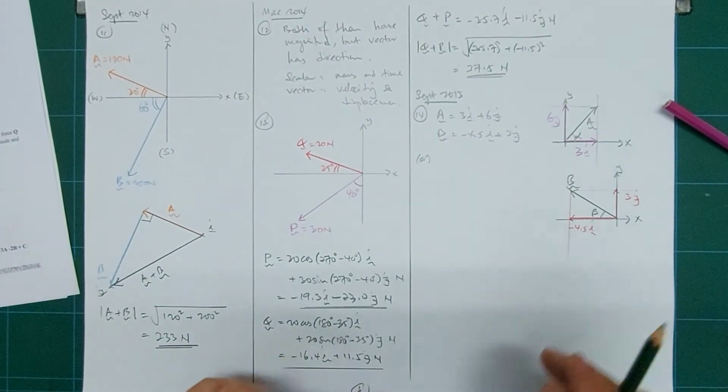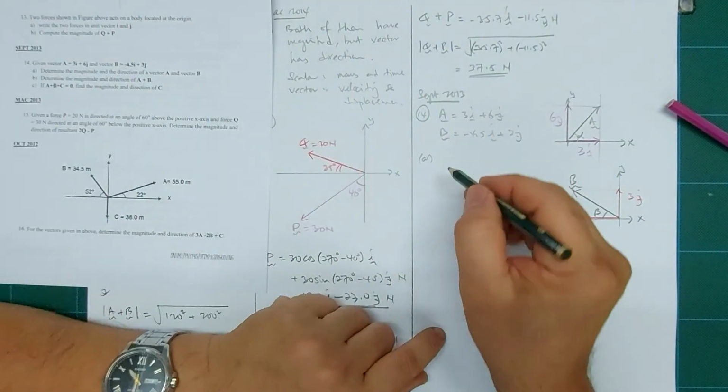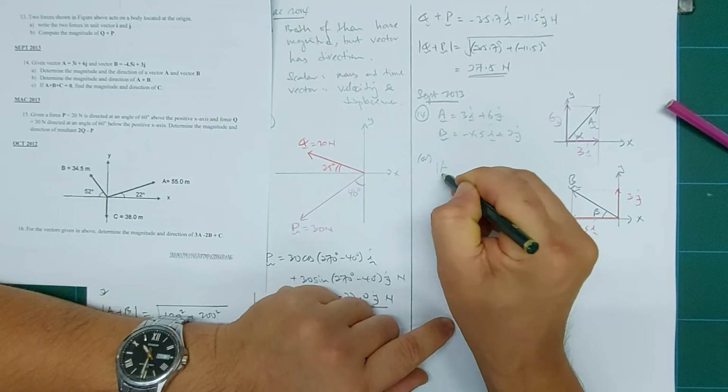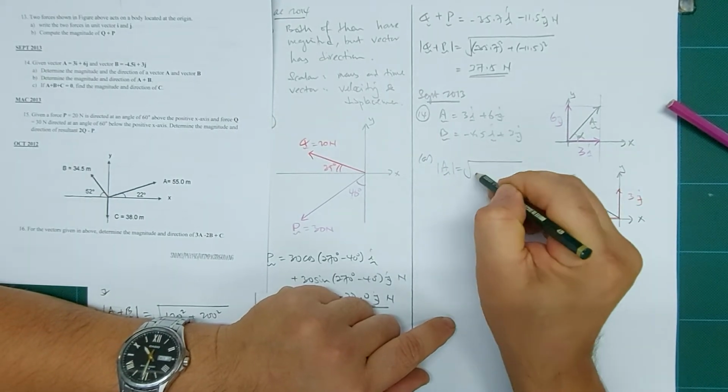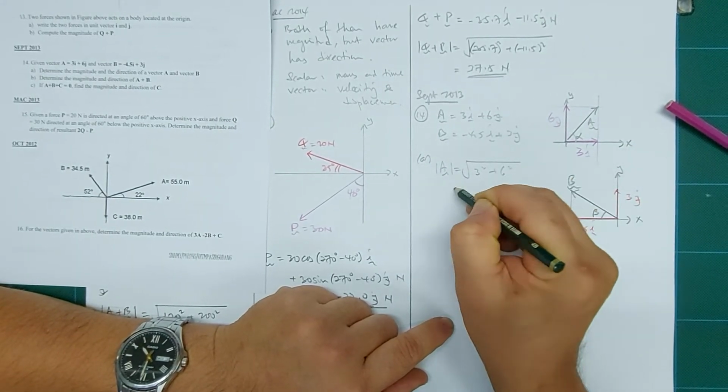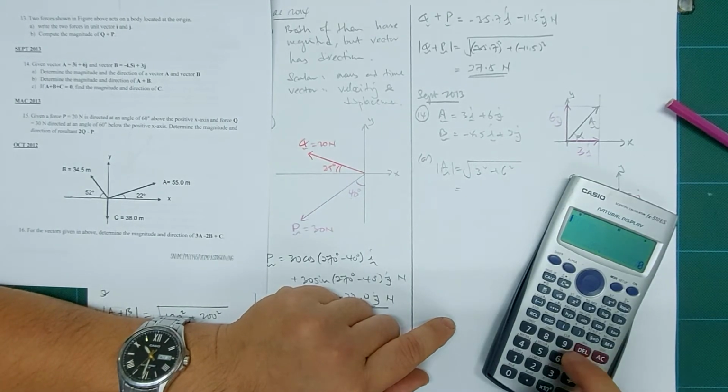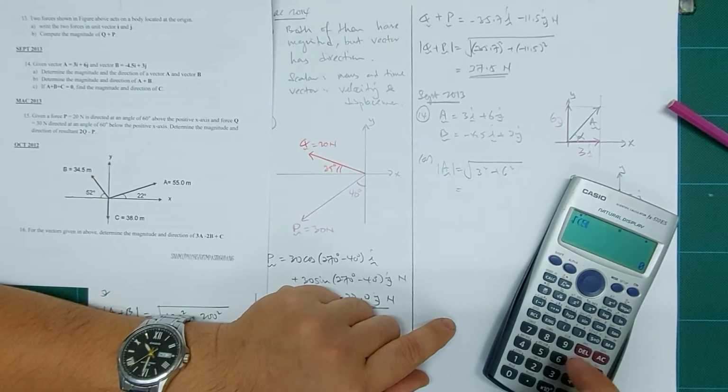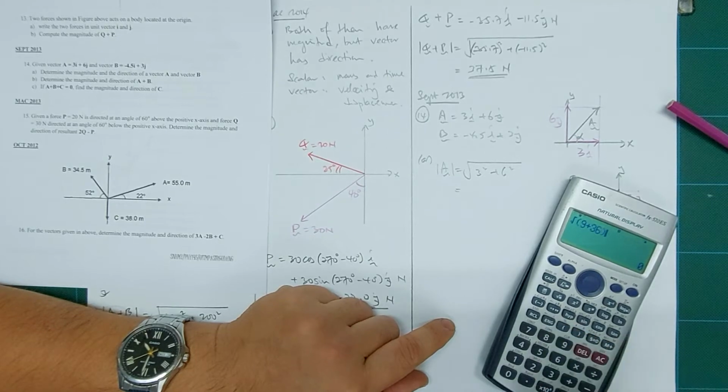Next, we can calculate the magnitude. Magnitude is easy. Magnitude of A is equal to the square root of 3 squared plus 6 squared, so the square root of 9 plus 36.